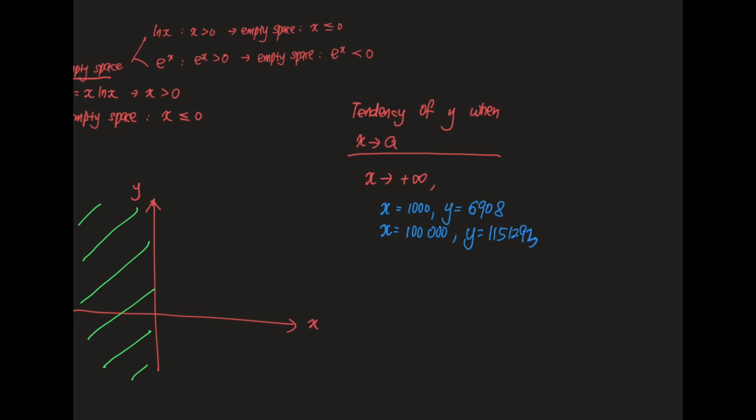Okay, so this shows that when x is getting greater and greater, y is getting greater and greater as well. In general, we can say that when x approaches positive infinity, y approaches positive infinity as well. So you should expect the graph to keep going up. When x is greater, y is greater, so the graph will go up in that way.